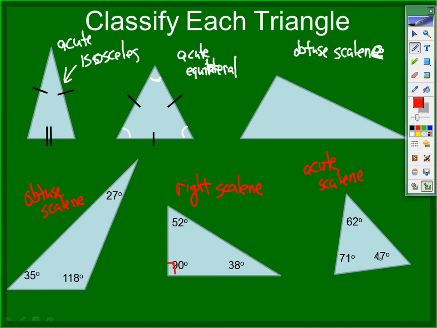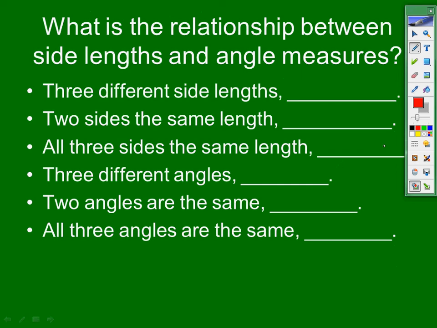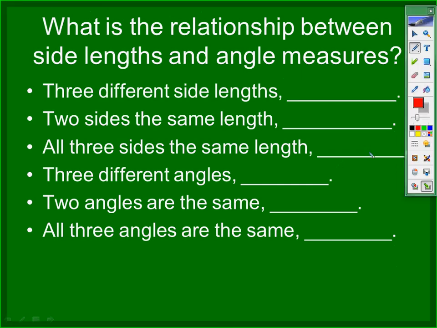You should also notice in these examples that the sum of my angle measures in each example is 180 degrees. And that's true for all triangles. What you should have seen on the last slide, there are special relationships that exist in triangles. If there are three different side lengths, there are three different angles.